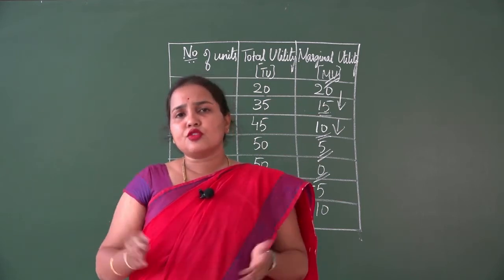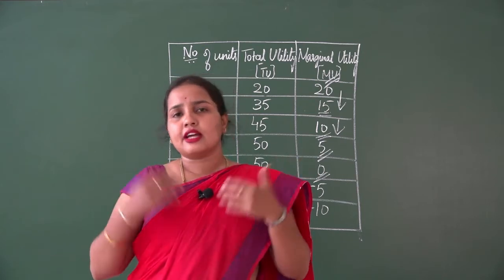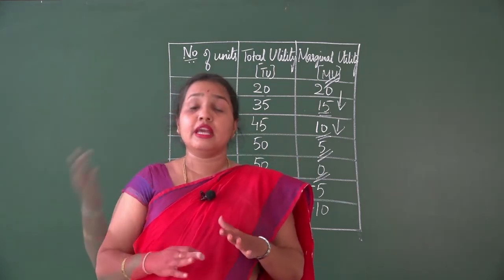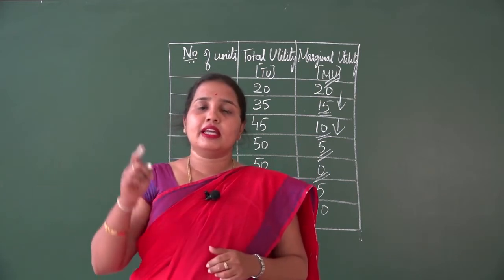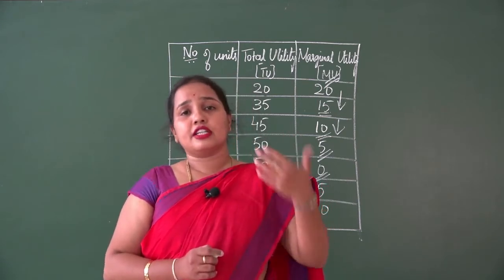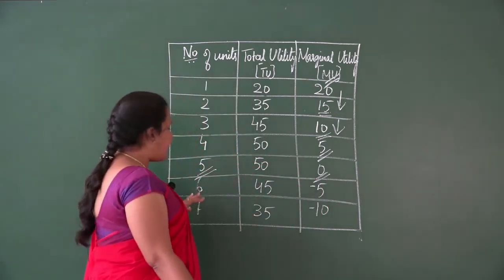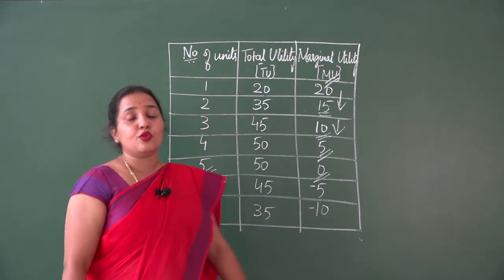When the consumer is done with the consumption of the commodity, he does not want to have any more units to consume. By then the satisfaction level will be 0. Further, if he continues to have the 6th and 7th unit, then the utility goes into negative.